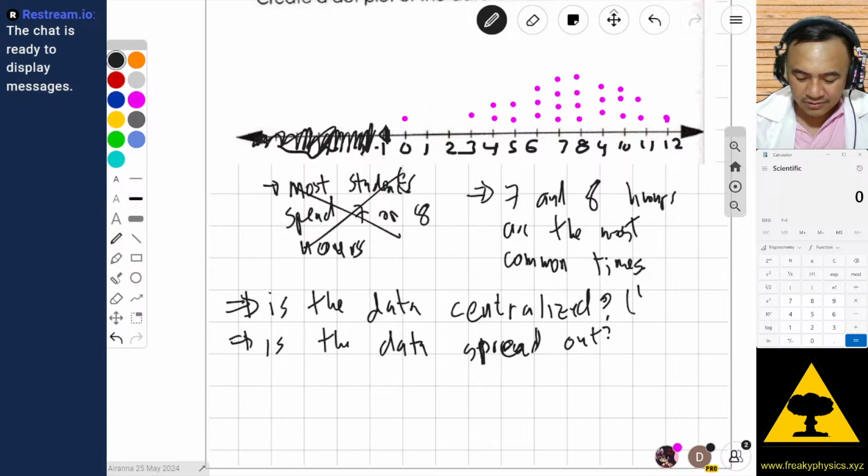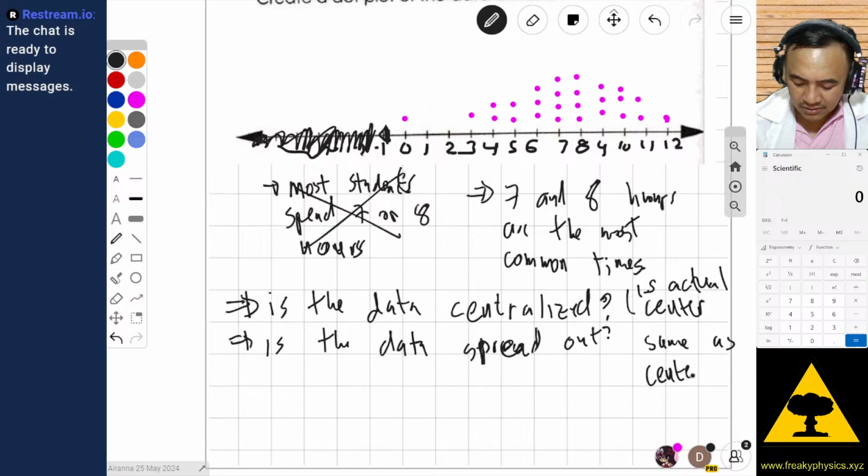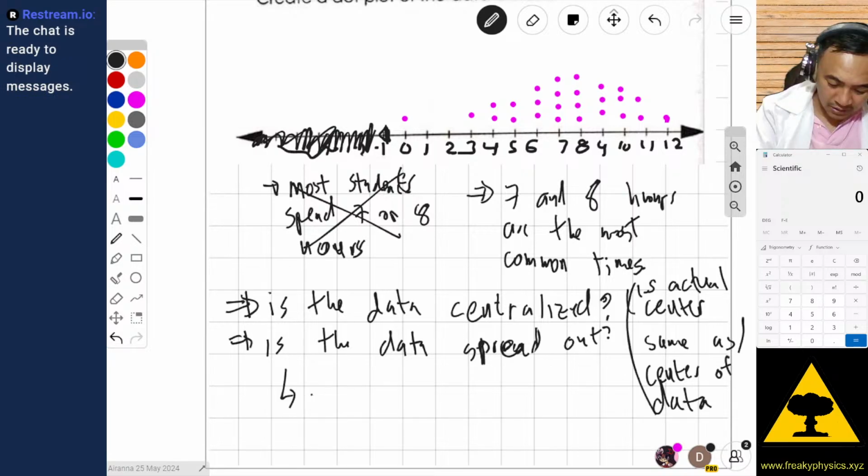So is the actual center the same as the center of the data? That's the first. Are the points close to each other or far from each other?